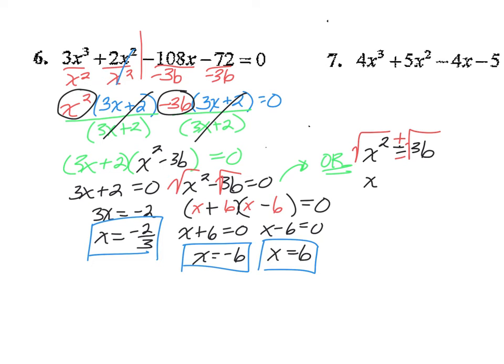So the square root of x squared is x equals plus or minus the square root of 36, which is 6. So this solution is the same as those 2 combined. So it doesn't matter to me which one you do, just make sure that you're accurate at whichever one you choose. All right, so then we're going to move on to number 12.